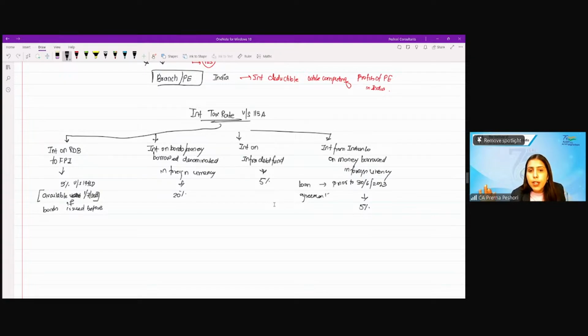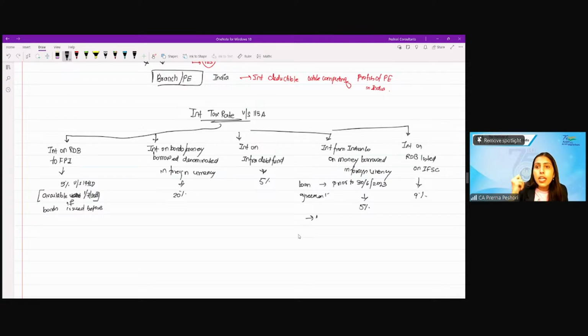However, in respect of the money which is borrowed on the bonds which are listed on the recognized stock exchange in IFSC, the interest will be 9%. Or you can write it separately: interest on rupee denominated bonds listed on IFSC, 9%.